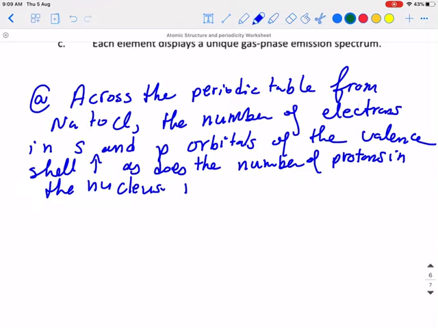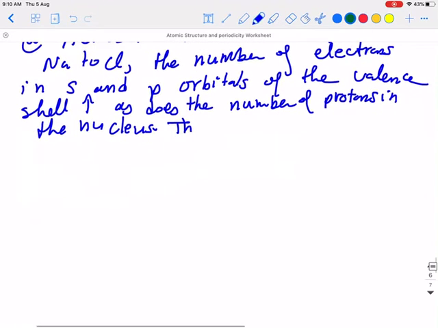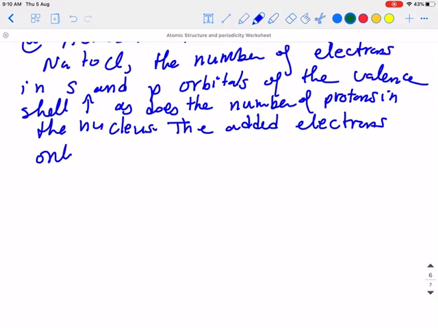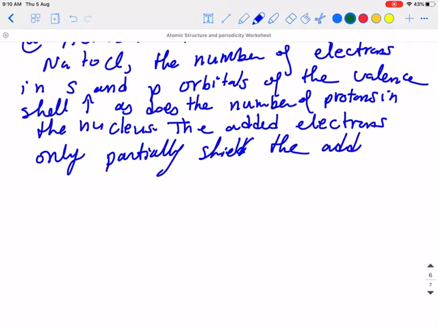And the added electrons, as we said, only partially shield the added protons.